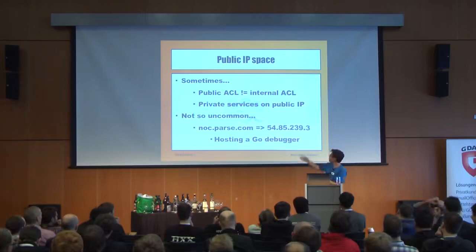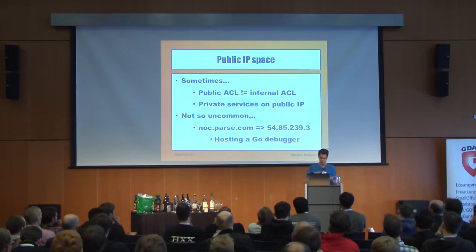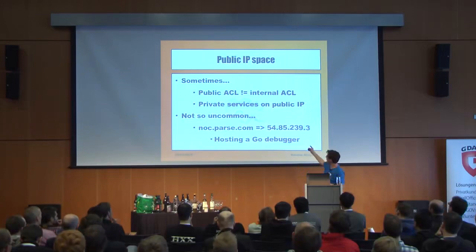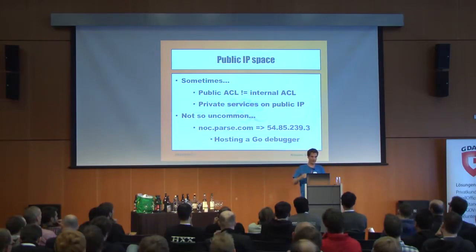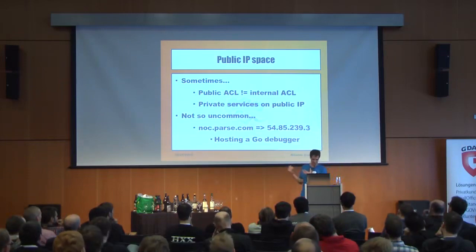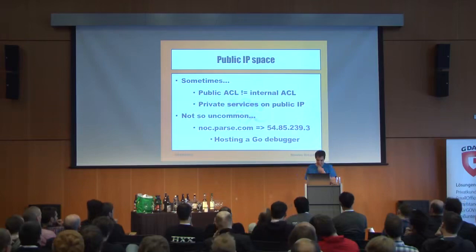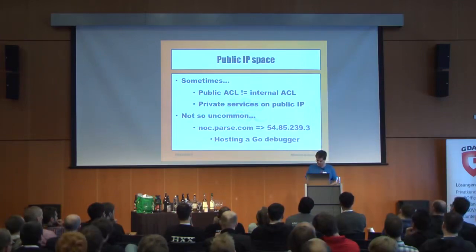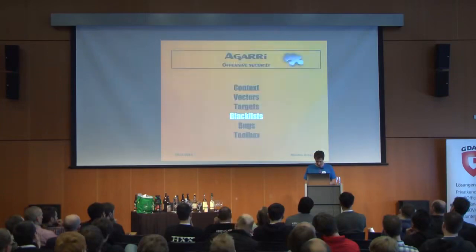For example, I found a proxy on parse.com, and knock.parse.com, which is of course the network operation center, has a public IP, and it was hosting a Go debugger, a networked Go debugger. So I can just connect through the squid proxy and interact with the Go program being debugged. So that happens. And it's quite hard to defend, because you need to know all the IP addresses used by your company. And sometimes a small mistake is enough for me at least.